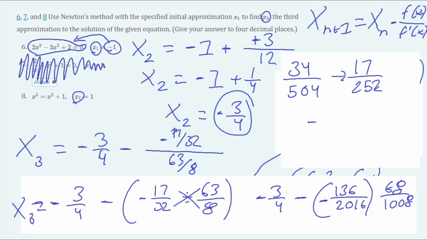So now we have negative 3 over 4 down here, and we have that minus, that's actually minus and minus, so it's positive 17 over 252. And now all we need to do is add these together.